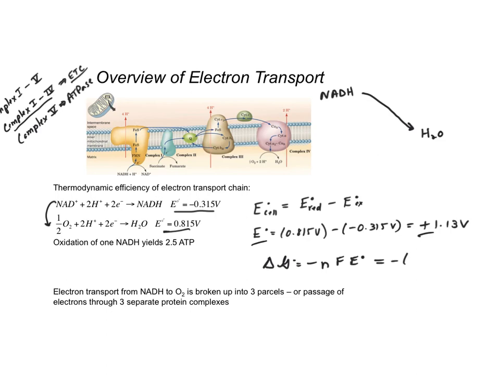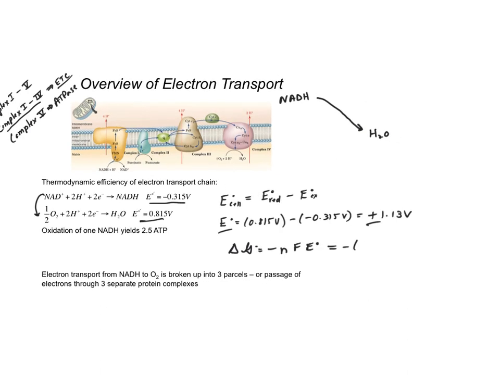The number of electrons, and for this process, how much is that? We have 2 electrons being transferred. F is just some constant, 96,485, and then E is our positive 1.13 volts. So overall, with respect to this reaction, which occurs in your body every day, this is capable of generating about minus 220 kilojoules per mole.